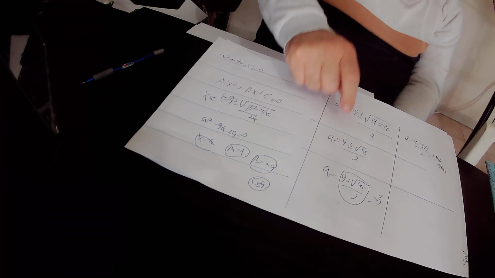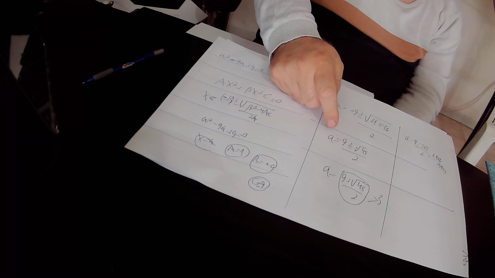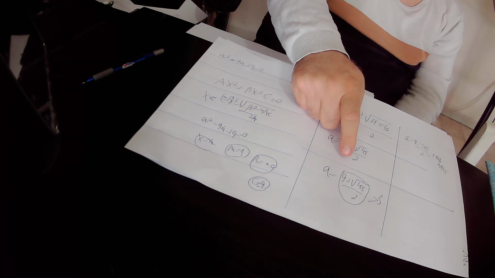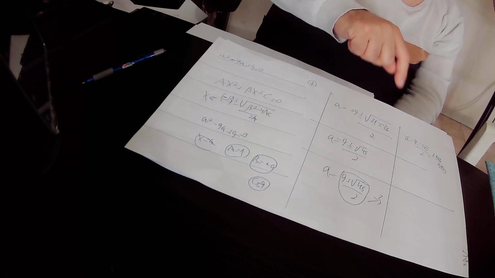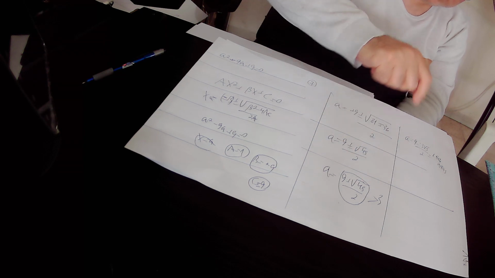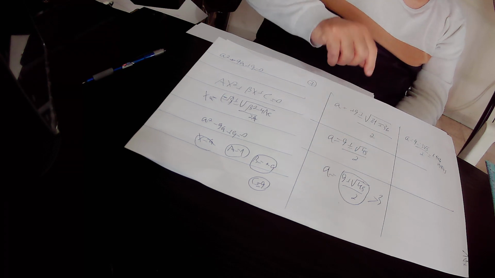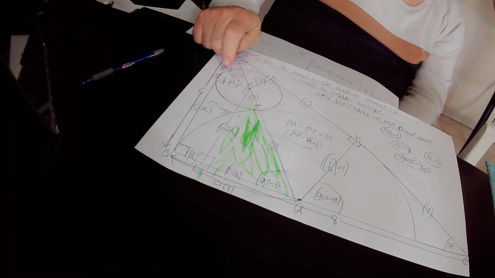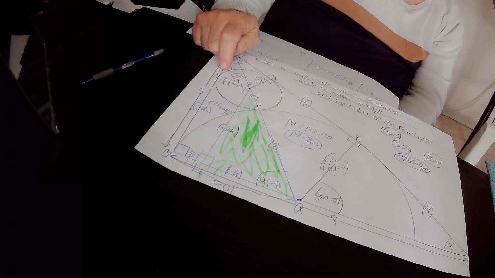So here we will have two solutions that are possible for A. The first solution for A is that A equals 9 plus square root of 45 over 2, that is greater than 3. This expression definitely is greater than 3. So we shall find out that the radius of this small circle A is greater than 3 units. But it is impossible that the radius of the small circle is greater than 3 units.